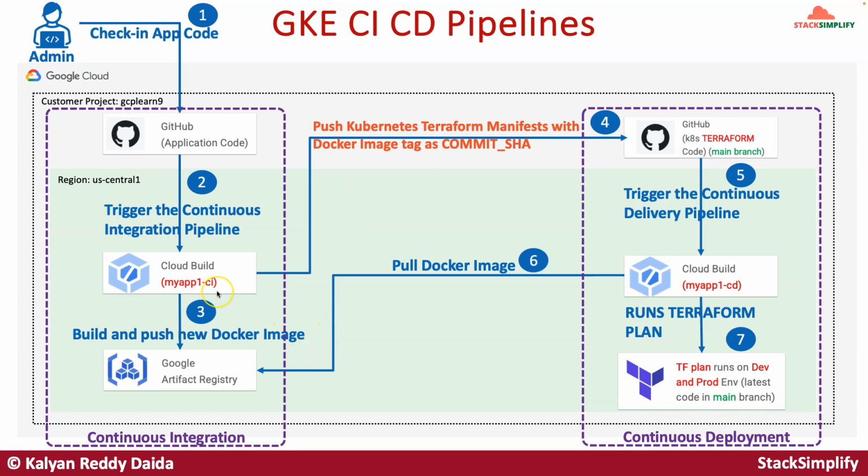Once the CI pipeline creates a new Docker image, using the same Docker image tag it will build a new Kubernetes deployment TF file and push it to the GitHub repository where we have the Kubernetes Terraform configurations, and it will run the CD pipeline to pull the Docker image with the tag and then run the Terraform plan.